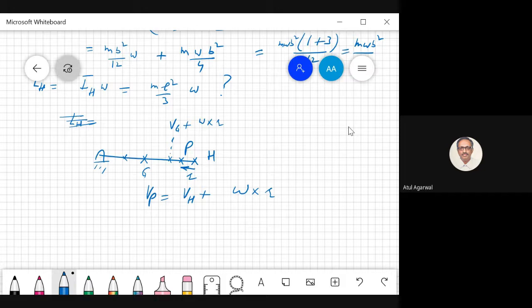Any problem? We'll take a coordinate system like this: x. This is omega. So your omega vector is omega k.